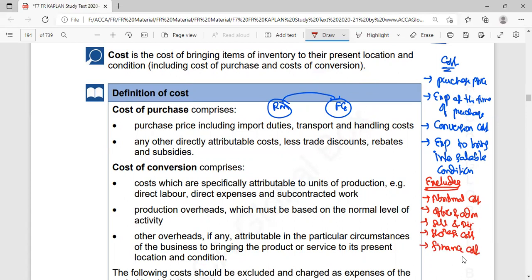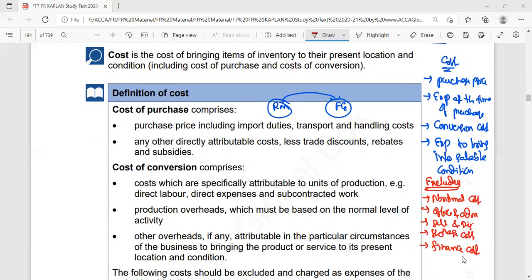But coming to finance cost, one more thing is defined. Finance cost is included in the cost of the inventory if it is meant for a qualifying asset. If the inventory is not a qualifying asset, then finance cost is not included.